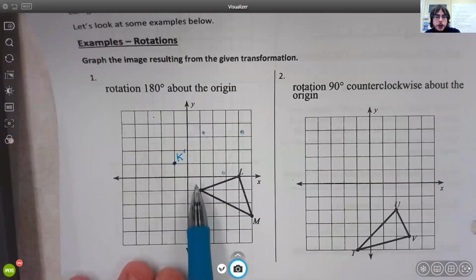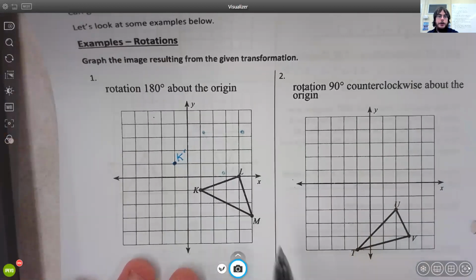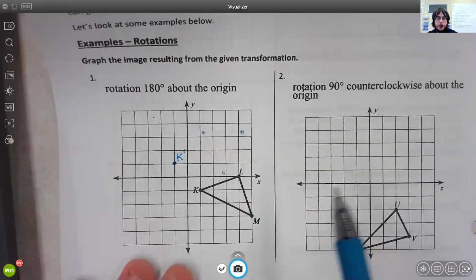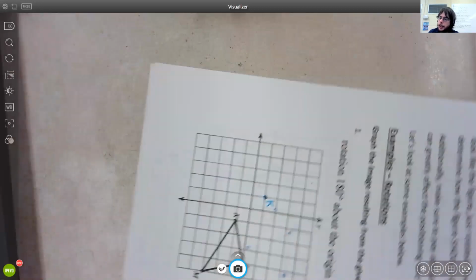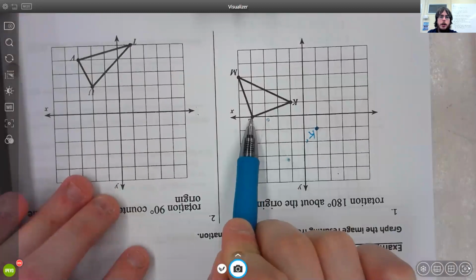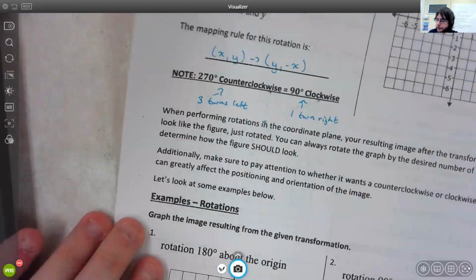So if you switch the signs on both of those, the X becomes -1 and the Y becomes +1, which is exactly what we had with K prime. Now L is at 4, 0. So we would expect our new point to be at -4, 0. So let's look and see if that's the case. So our new coordinate for L prime would be -4, 0, just like we said.